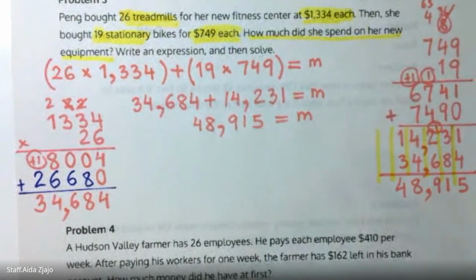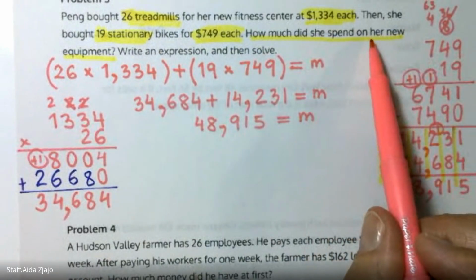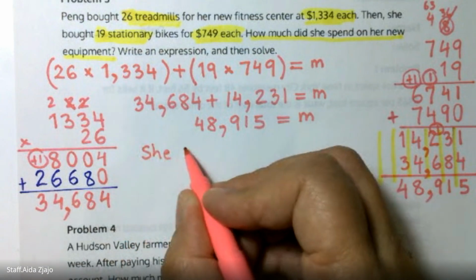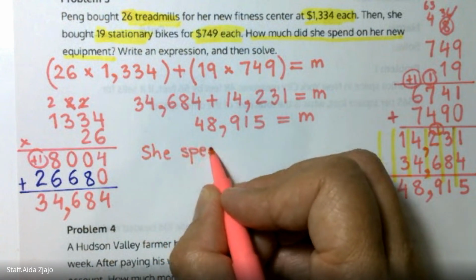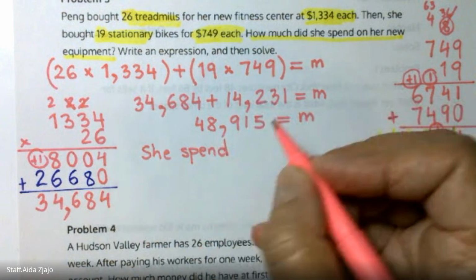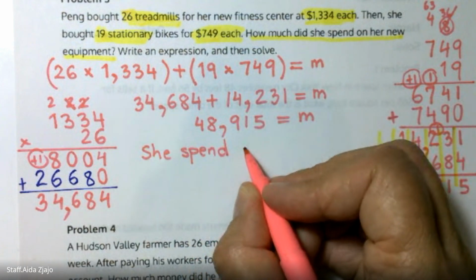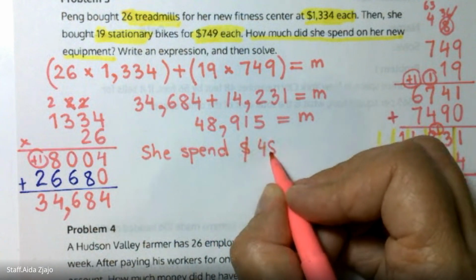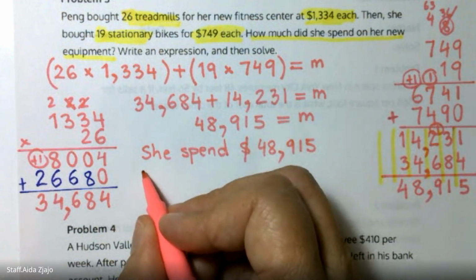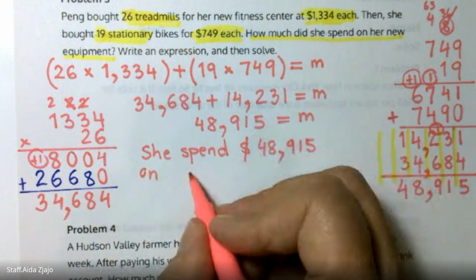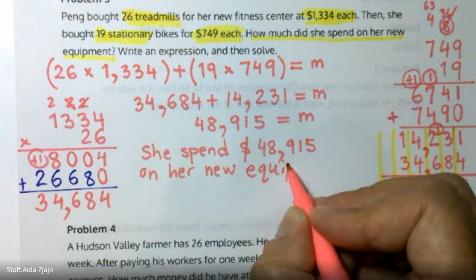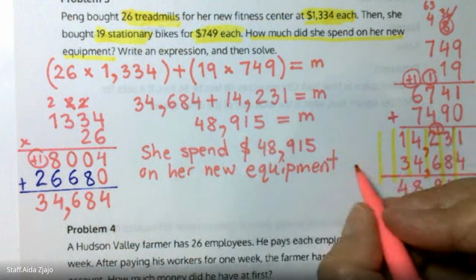And now we need to write the answer. How much did she spend on her new equipment? She spent $48,915 on her new equipment.